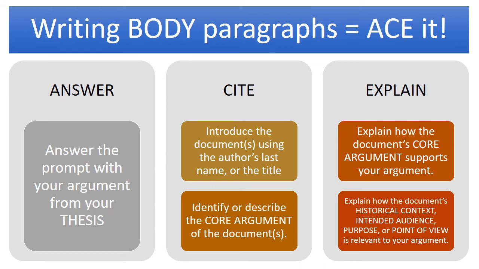The explain is you're going to explain how the core argument supports your argument, and then you're going to add another sentence that explains how the context, intended audience, purpose, or point of view is relevant to your argument. So your ACEs are going to be bigger because you're going to have 2 elements in the explain, and you're going to have an introduction of a document with explanation of the document in your cite.